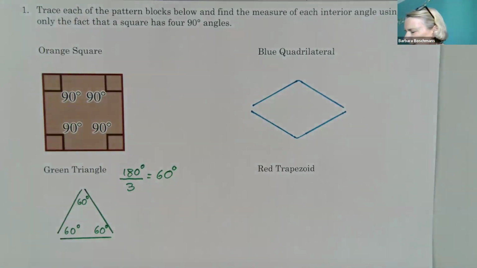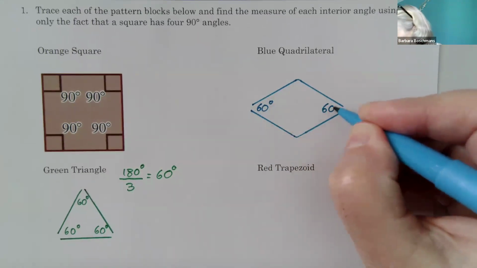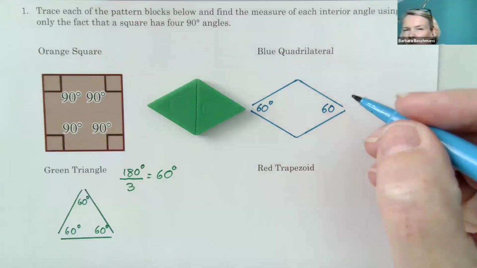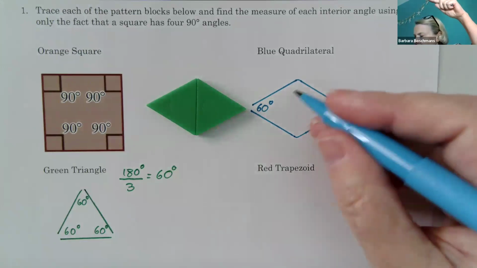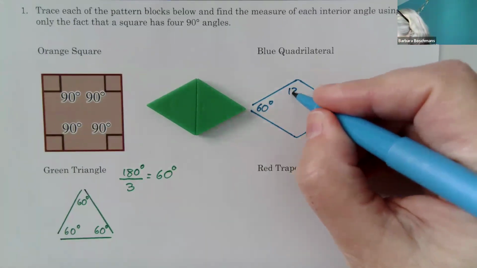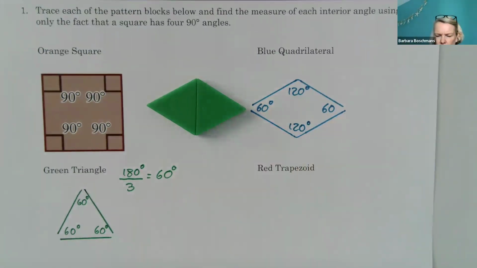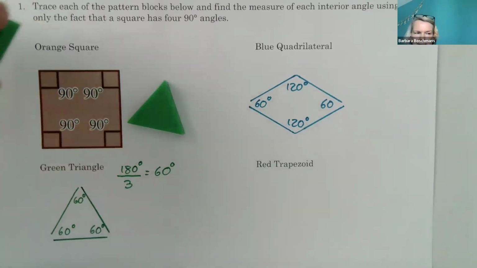That means that these 2 angles are each 60 degrees. If 2 of those angles meet here at the top and bottom, 60 plus 60 is 120 degrees. And you want to go ahead and do that for all the pattern blocks, so for all 6 of them.